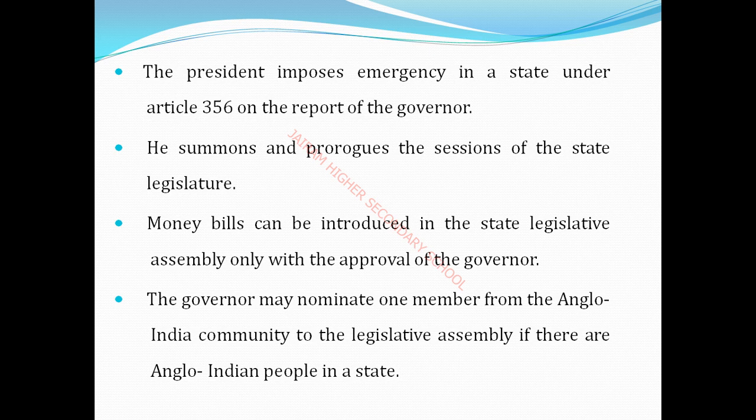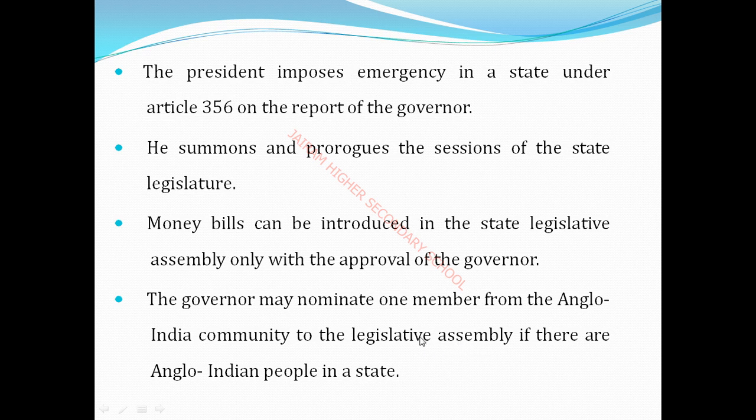That child is called an Anglo-Indian. Through their issue, the Anglo-Indians got a seat in the legislative assembly through the recommendation of the governor. Okay, children, this last sentence explains the meaning of Anglo-Indian and how they get a legislative assembly seat through the governor.